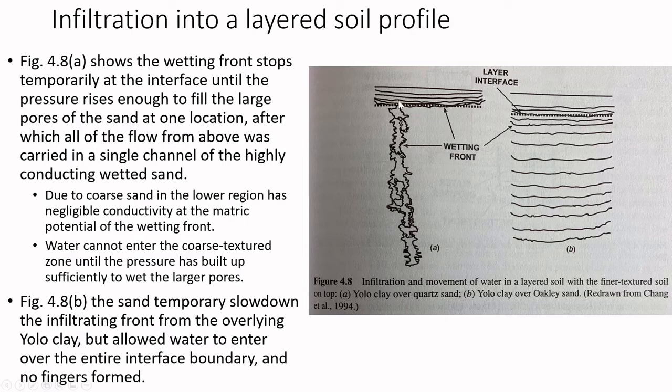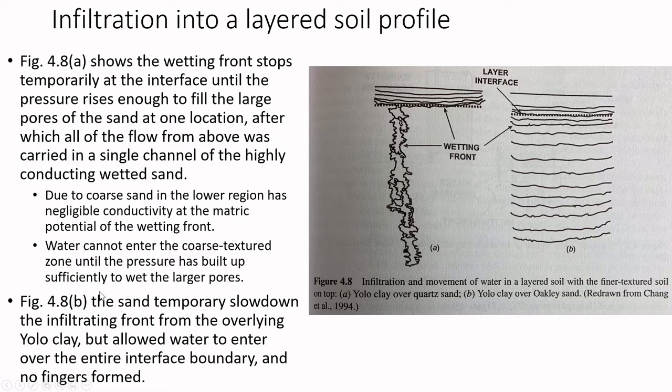As the water builds up, the water just enters the sand at the large pore, right? So water cannot enter the coarse texture zone until pressure has built up sufficiently to wet the larger pore. So the matric suction reduces from negative to zero, and then creates a positive pressure. Then the water will start entering the sand, the quartz sand, right? So this is what is happening.